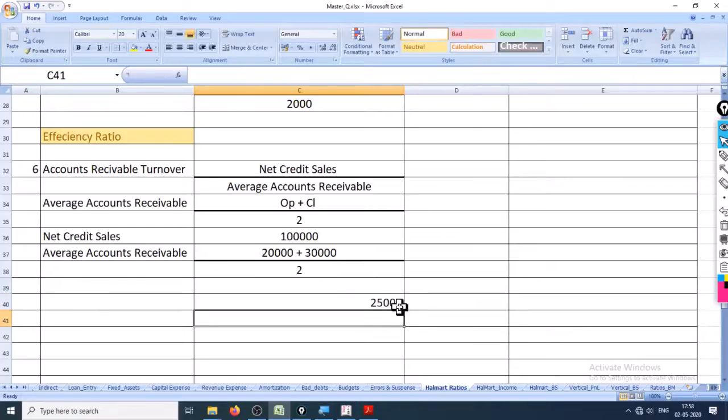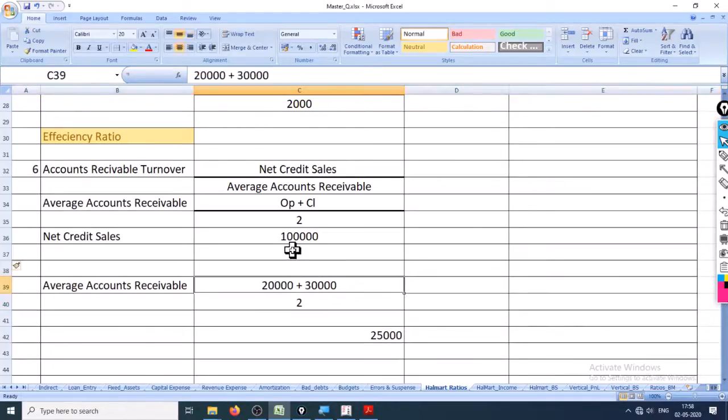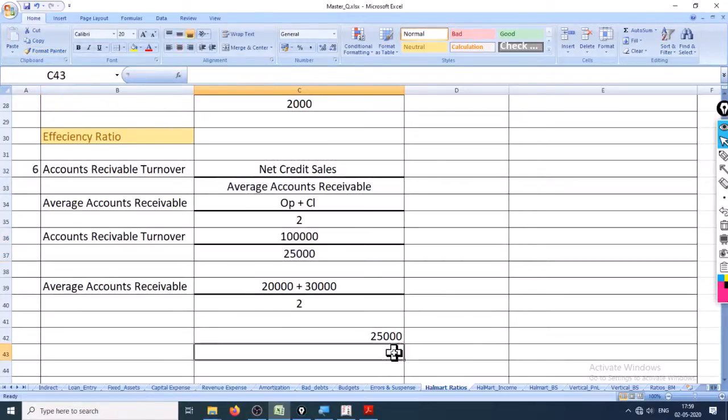Hence the average will come to 25,000. We'll just add this figure right here, 25,000. So let's calculate it now and see if it works or not.